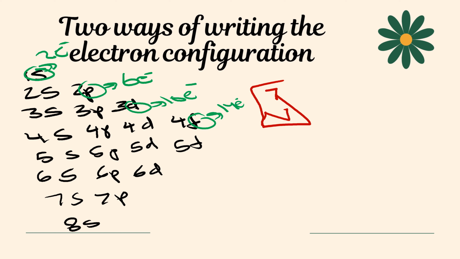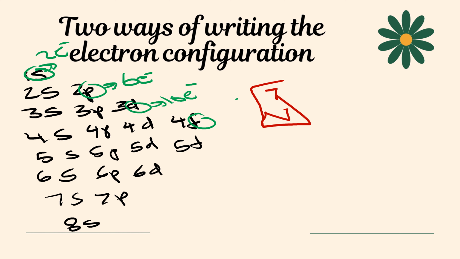I hope you saw the trend: as we go to a higher sublevel, we're increasing by 4 electrons. You can see that from 2 to 6, 6 to 10, and 10 to 14.